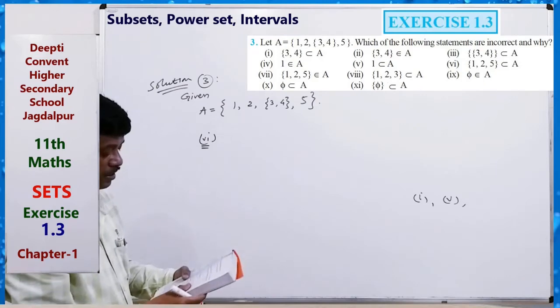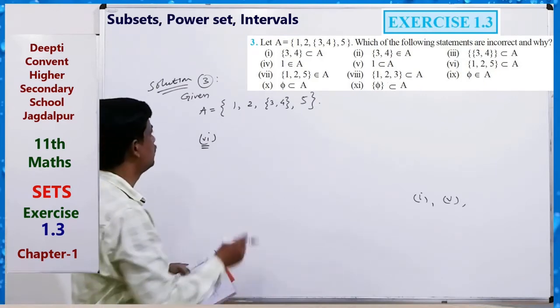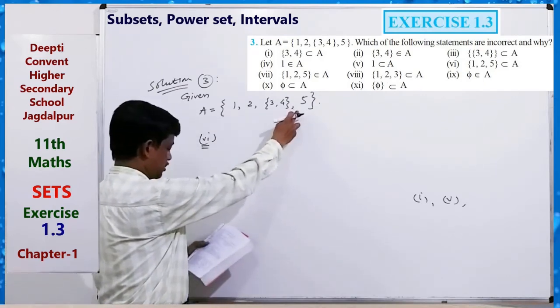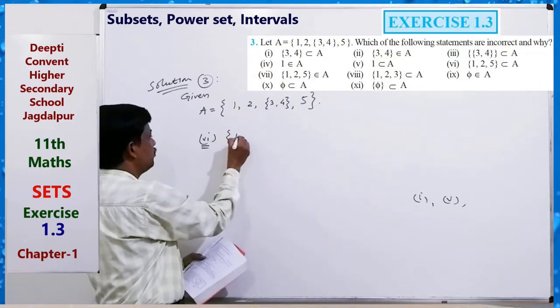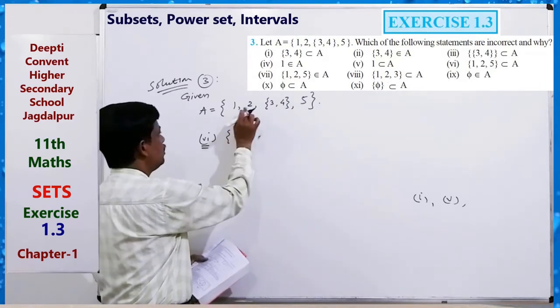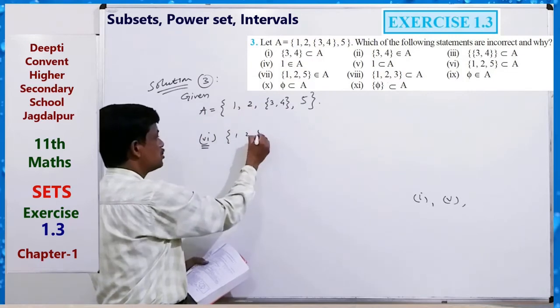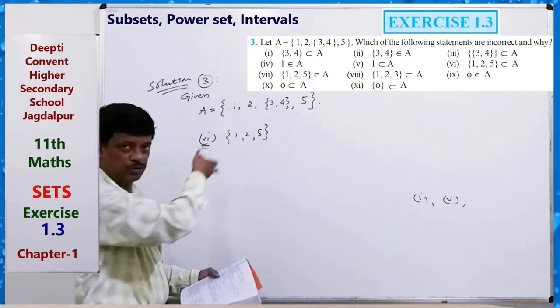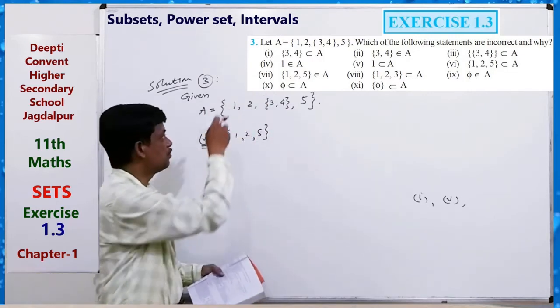6 is what? {1 to 5} subset of A. Taking 1 to 5, these are elements of A. So taking 1 to 5, we can make a subset of this set.